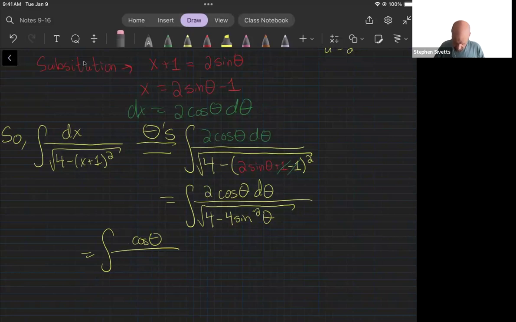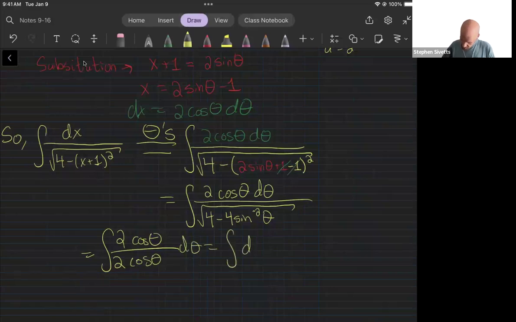And we caught that one too. See a lot of 2's here. So it's 2 cosine theta divided by 2 times cosine theta, d theta. Sweet. Okay, so that equals the integral of d theta, which equals theta plus c, right?